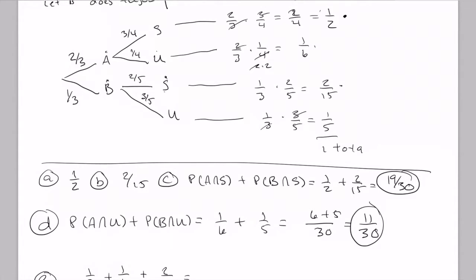That's going to give me 15 plus 5 plus 2 over 30 equals 22 over 30, which is 11 out of 15.